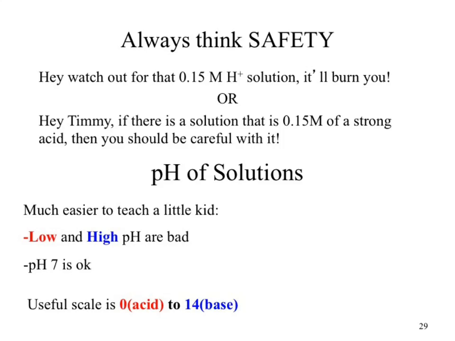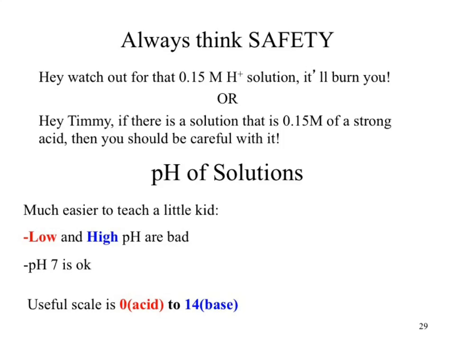We now have a pH. Once we've got the pH, that's what we can then report out and say, oh, that's really acidic or that's really basic. Okay? And now instead of referring to this weird nebulous molarity unit or weird nebulous concentration numbers that don't seem to make any sense, we can tell little Timmy, hey, it's a pH of 1. Don't touch that. Or it's a pH of 14.